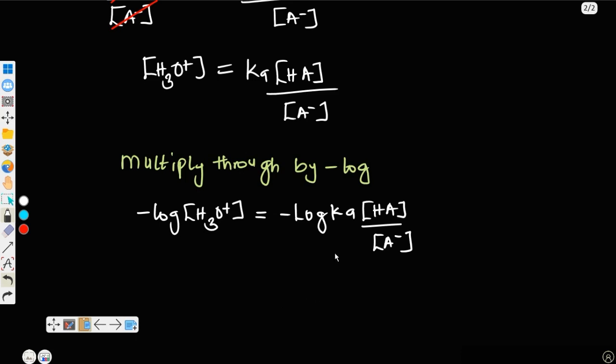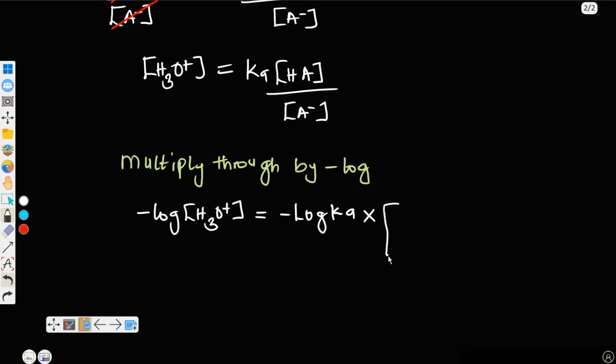Now, in mathematics, when you have something like this, one thing you can do, recall that this Ka is like multiplying these two things, right? So you can put these ones here in brackets, since they are concentrations. You can put times, it's still the same thing.